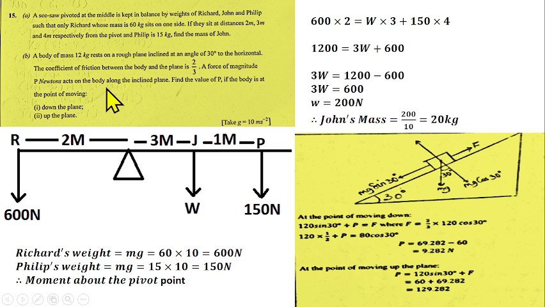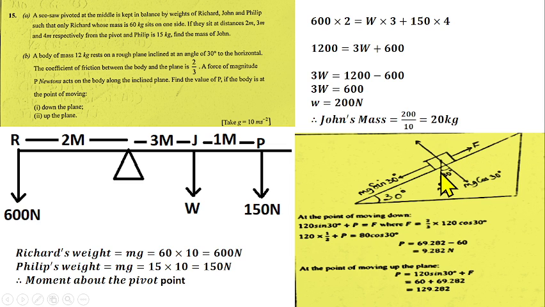A force of magnitude P Newton acts on the body along the inclined plane. Find the value of P if the body is at the point of moving down the plane and up the plane. Take g to be 10 meters per second squared. If you draw the diagram for this, you have this inclined plane with the angle of inclination 30 degrees, and this is the body that is trying to slip down and up.